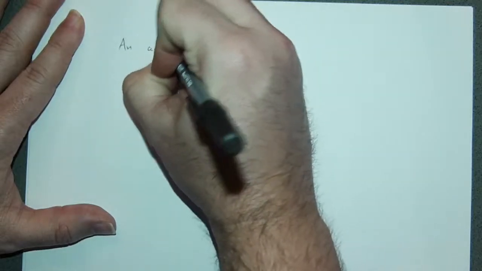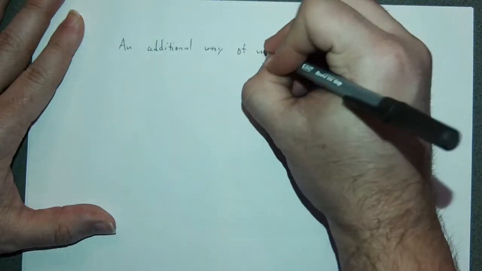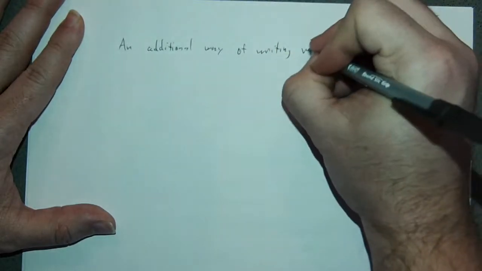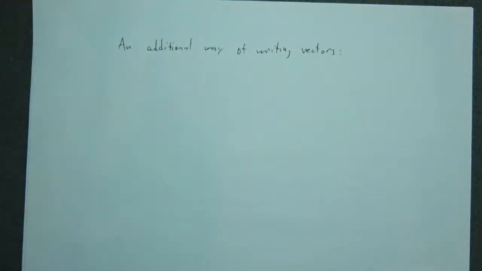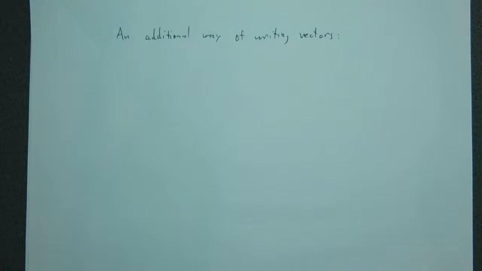And you might say, why is this something that I do instead of just writing it in the more compact and convenient way of using components? This has some niceness to its algebra, and it also meshes well with things that will come later, that we won't necessarily do in this course, but after this course.